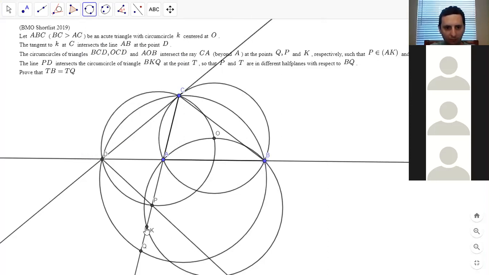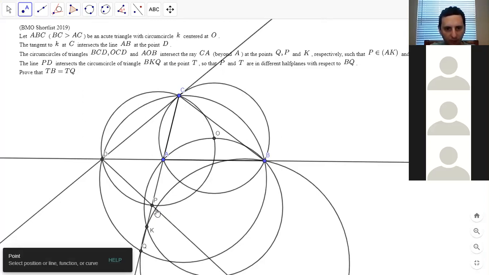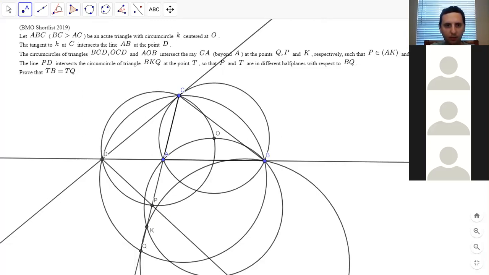There's a lot of circles here. At point T. And we want to show that T, that doesn't look right. Let me see if I did everything right. P and T are in different half planes. I don't know if that's what's causing the problem, but let's see.